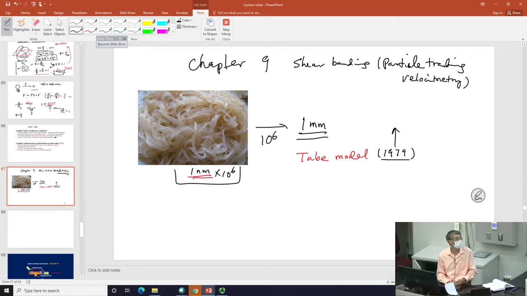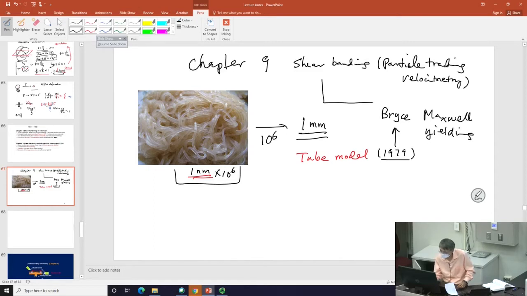I hope you do. I think so. Bryce Maxwell. Yeah, I think now I remember telling Travis that he's really the father of rheometry. Actually, he worked with Macosko, who was his student, to build the rheometer. So he already had the concept that overshoot is yielding. Remember, I mentioned that.